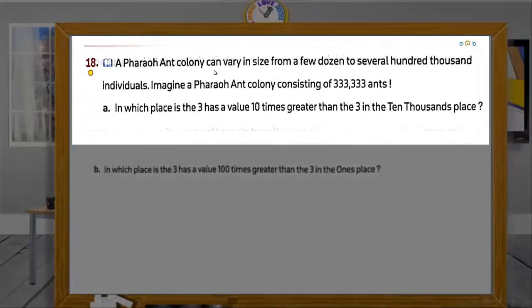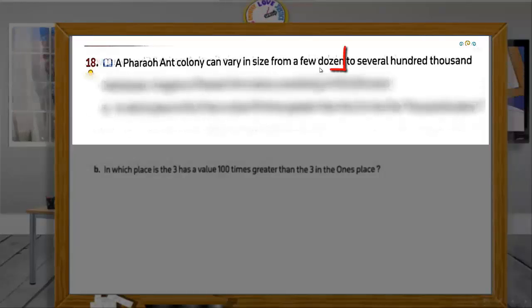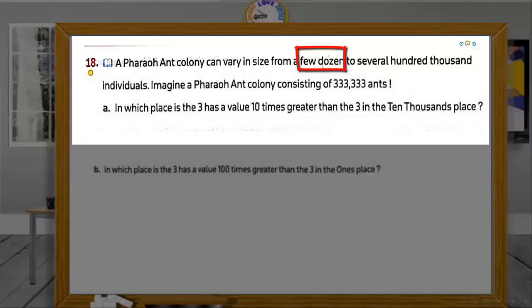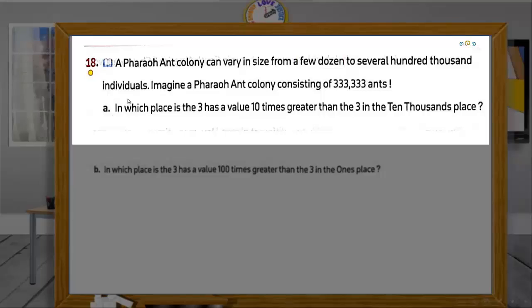A pharaoh ant colony can vary in size from a few dozen, meaning a small number, to several hundred thousand individuals. You may have several, or a big number.